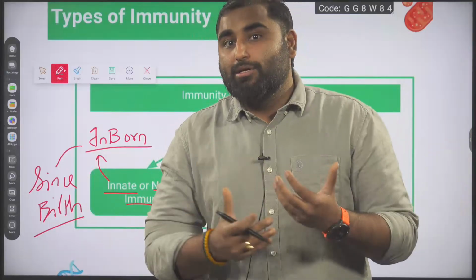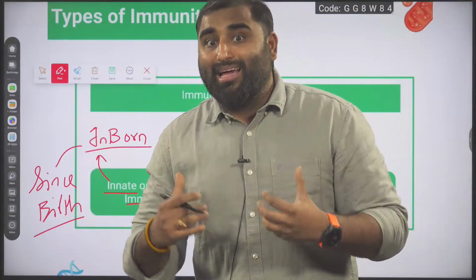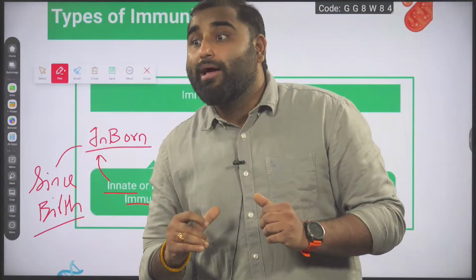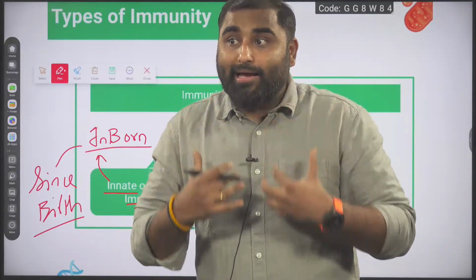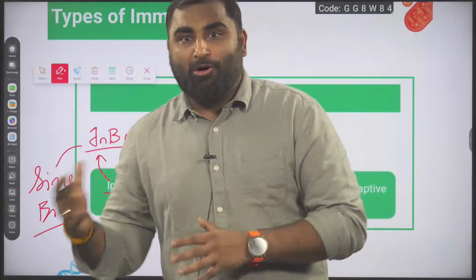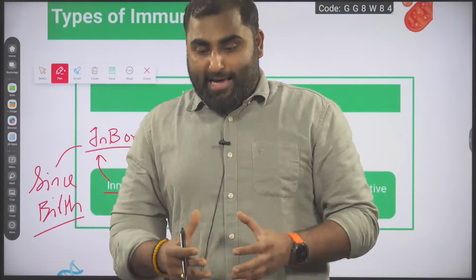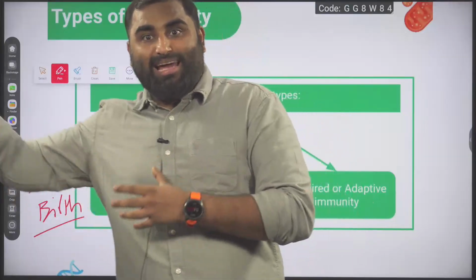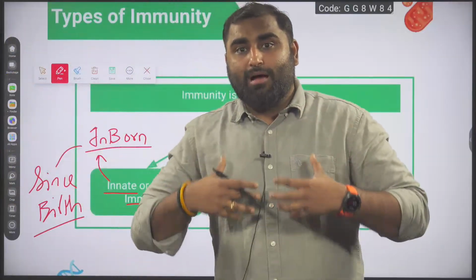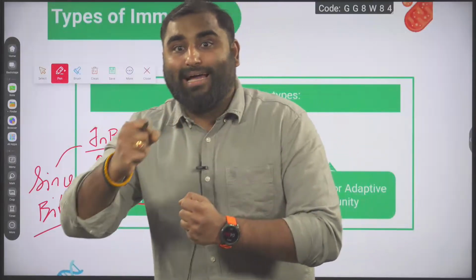So what happens? You are acquiring, like right now you are acquiring knowledge here. But if you don't sit, you don't learn, you don't pay attention, you will not acquire. Similarly, as we are born and as we age, our immune system comes in contact with different foreign bodies, and we learn how to tackle them.